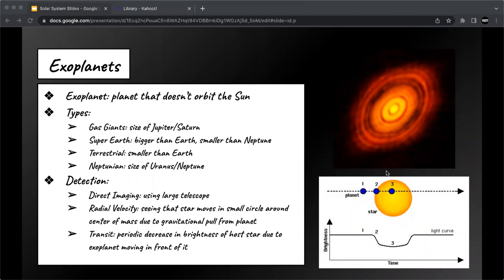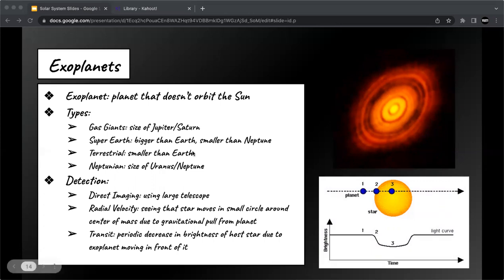We also have radial velocity, which is basically just observing that a star moves around in a small circle due to the mutual gravitational force between the star and the exoplanet. And these are better for bigger exoplanets that are closer to the star, since the center of mass will be farther away from the star, so you can see it move around more.